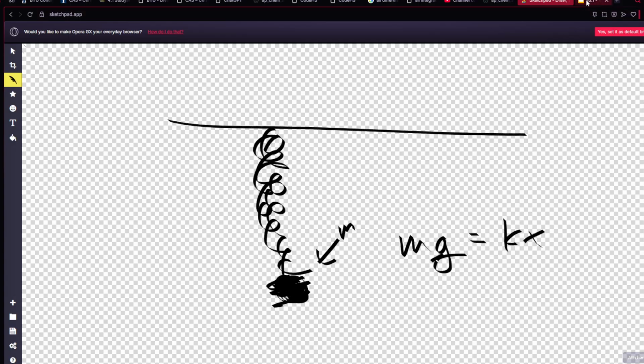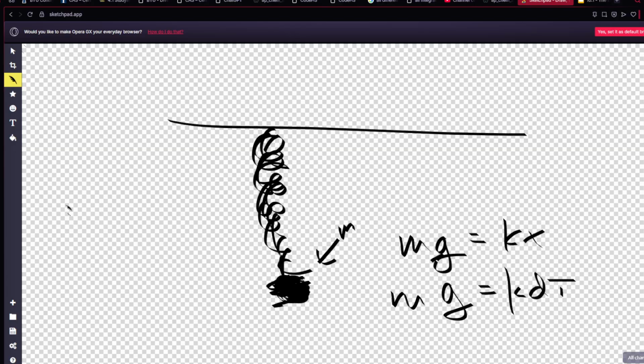I guess it would be negative kx, but you can say mg equals kd0, or actually kdi, I guess would be better for denoting initial position. So this will be the new initial position because this is how far the ball will drag the spring down.